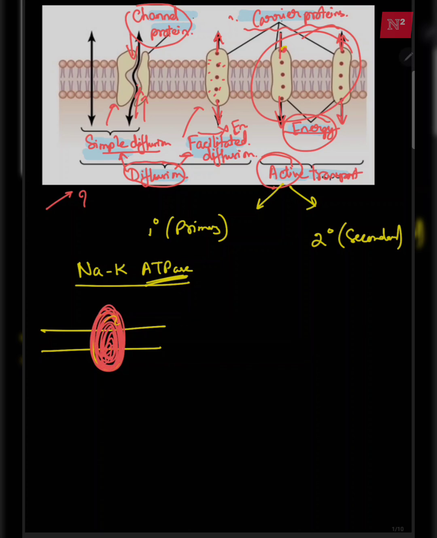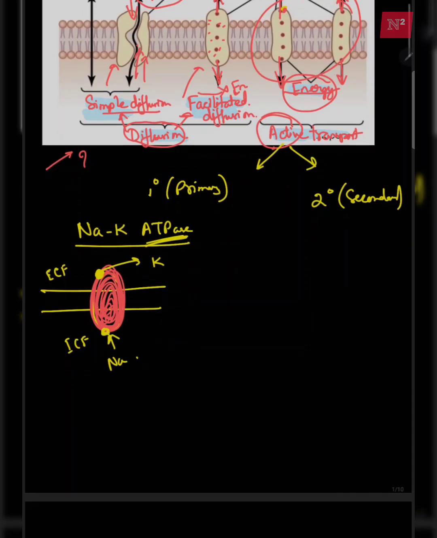There we have some sites on the extracellular fluid and the intracellular fluid. In the intracellular fluid we have a sodium ion site, and on the extracellular side the potassium site. On the intracellular side there is provision for attaching 3 sodium ions, whereas on the extracellular side there are 2 potassium ion attaching sites.